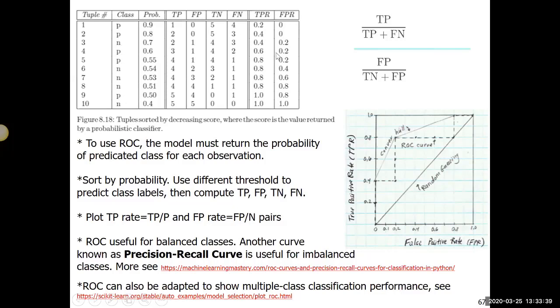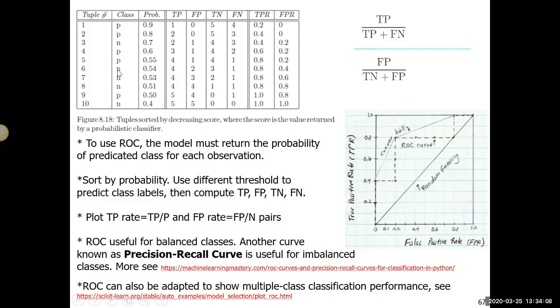A question. For the first row, it's a true positive, right? So TP is 1 here. Yes. Why is TN 5? True negative is 5, yeah, because we predicted all the rest to be negative, and they are negative cases. So our prediction matched the truth on those 5 negative cases.